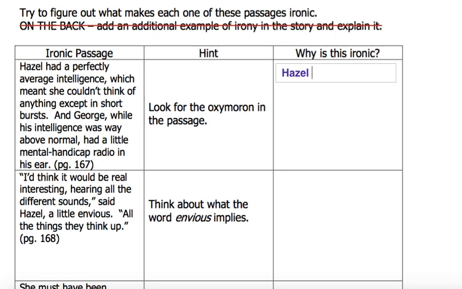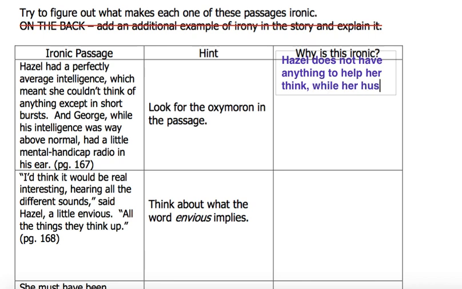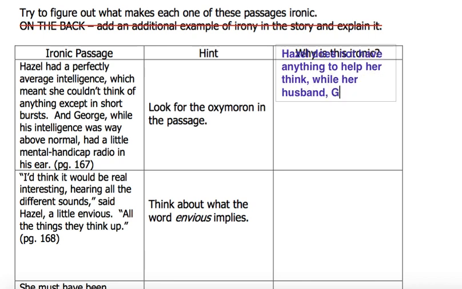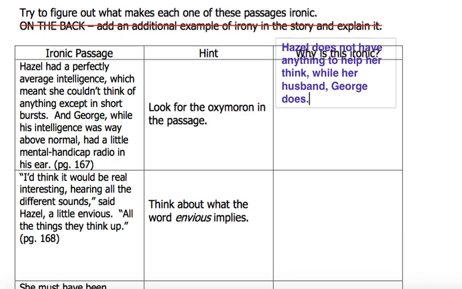So I'm going to write: Hazel does not have anything to help her think, while her husband, George, does. And I'm just going to move this down for you.